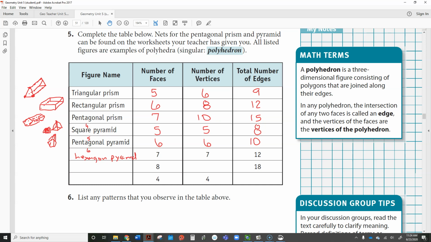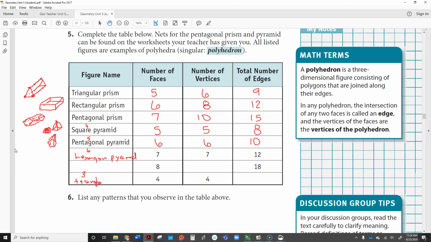Okay, so this one also looks like it's going to be a pyramid. So it's going 4, 4, and the next number. So we'll see. Since this was the same one each time, take one away from that, so that will be 3. So we know that's a triangle.